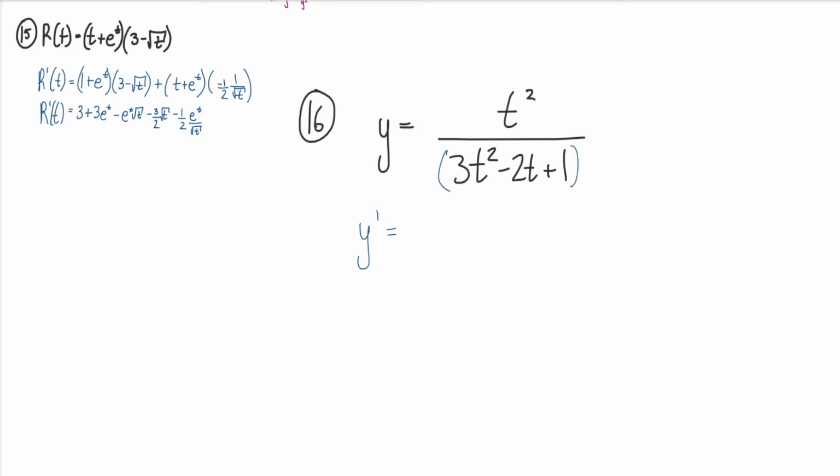Remember, I'm going to kind of treat that like a product of two things. To the minus 1, right? So 2t, the magic of copy paste, baby. Boom. 2t times the original.